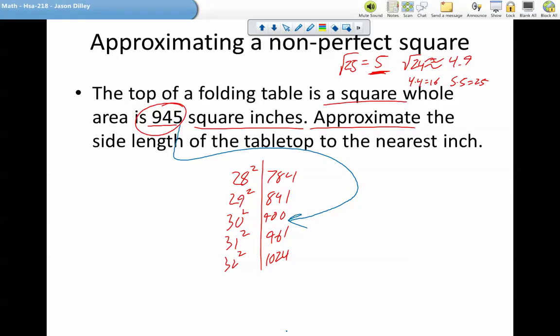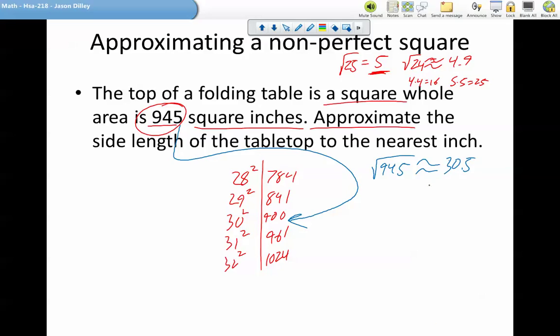So it's bigger than 30, but it's smaller than 31. So the square root of 945 is bigger than 30, but smaller than 31. It's kind of right in the middle, right? Which means that this is about 30.5, right?